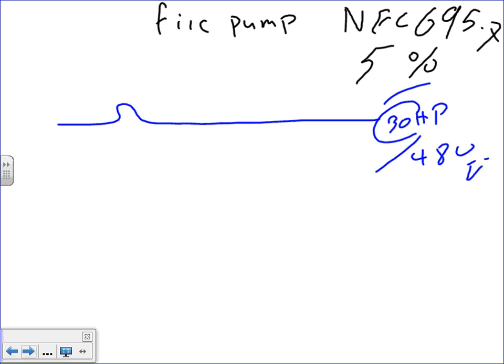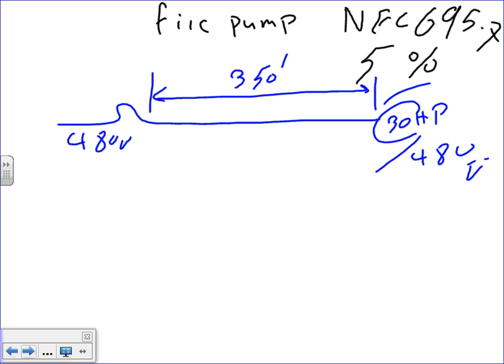Okay, let's take this scenario, guys. Here's the distance. Because of whatever criteria here, I have to put this one at 350 feet away from the source, and my source is 480 volt. I need to size the conductor under these criteria.